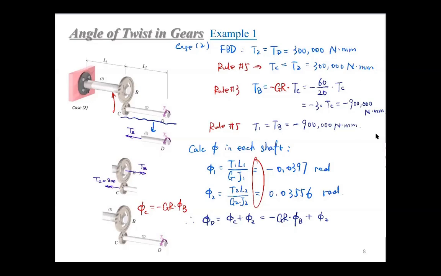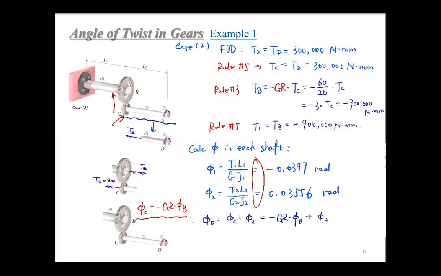Let me find another student here. Macklin. Jenselmeyer, can you repeat that one more time? Sorry. It's okay. I'm asking, look at this equation: we're calculating phi C from phi B, the angle of twist of gear C from the angle of twist of gear B, connecting them using a gear ratio.